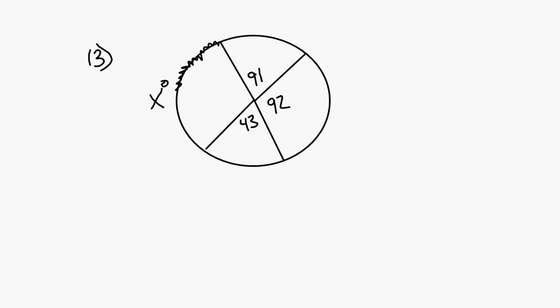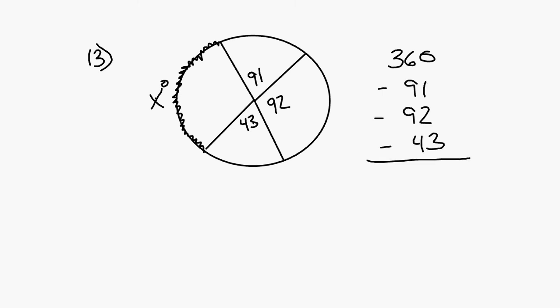The measure of this arc is equal to the measure of its central angle. What do these angles inside have to add up to? 360. So take 360 and subtract your 91, subtract your 92, and subtract your 43. 134 is what you have left. So this central angle that corresponds to that arc is 134 degrees. So your x is equal to 134 degrees.